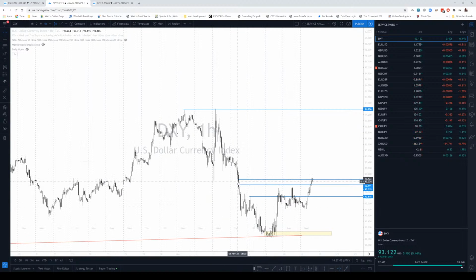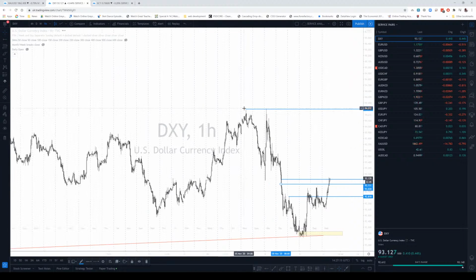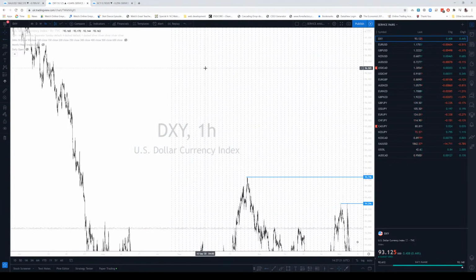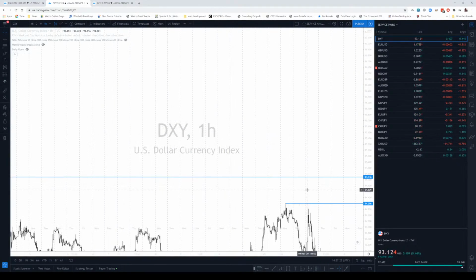Okay, if we close above this gap, this small little gap that we have in here, if we close above it today, I think we will be coming up here and make a challenge for this one, and we will go higher. That's what I'm expecting on dollar.